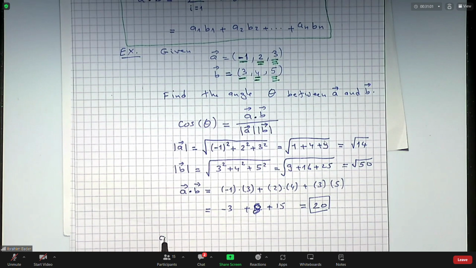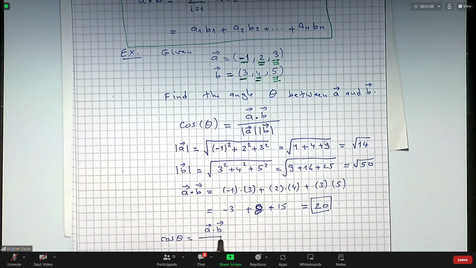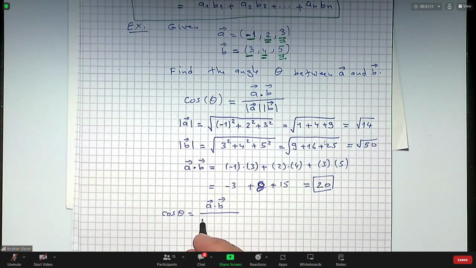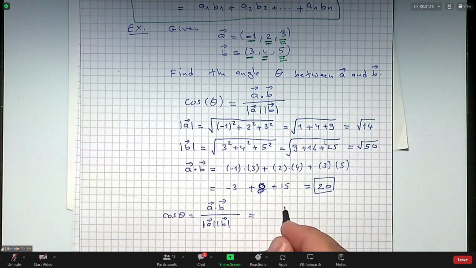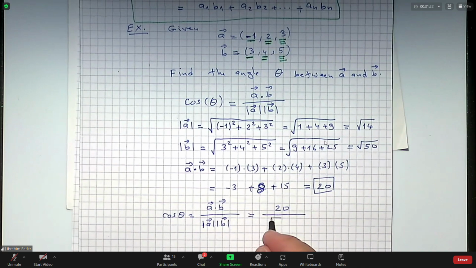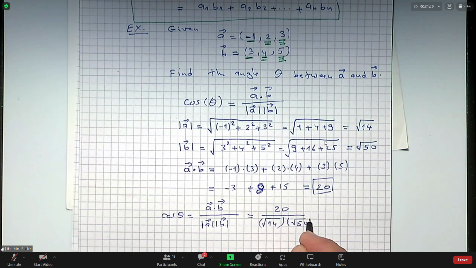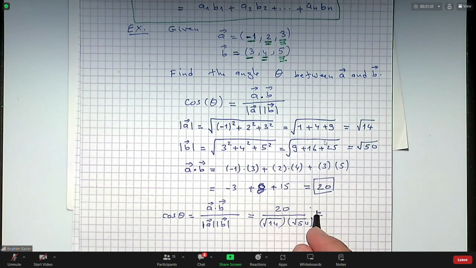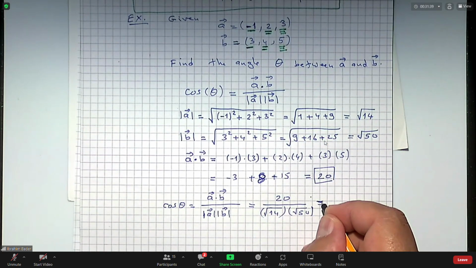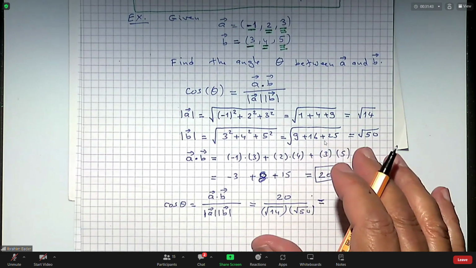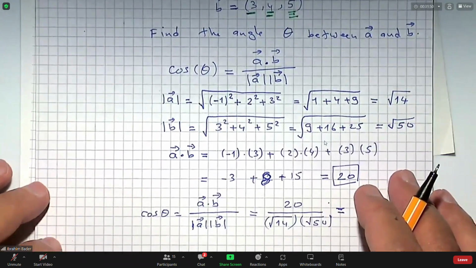This ratio, cosine theta, is equal to, I'll just write it here to remind you of the formula, the dot product over the magnitude of A times the magnitude of B, and this is equal to 20 over square root of 14 times square root of 50. Can anyone evaluate this ratio for me?